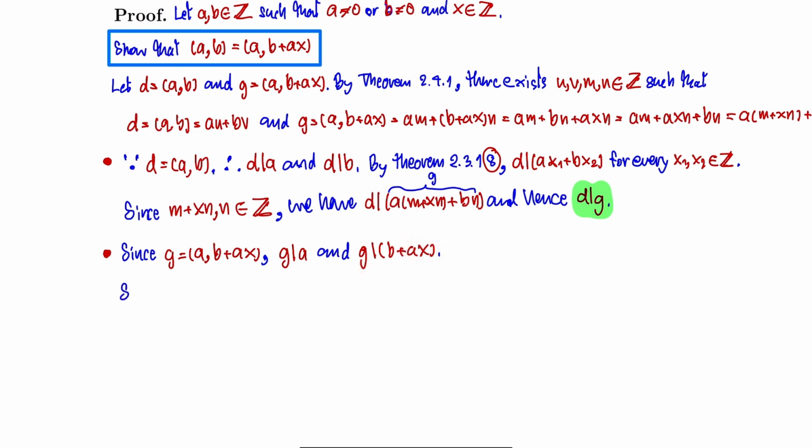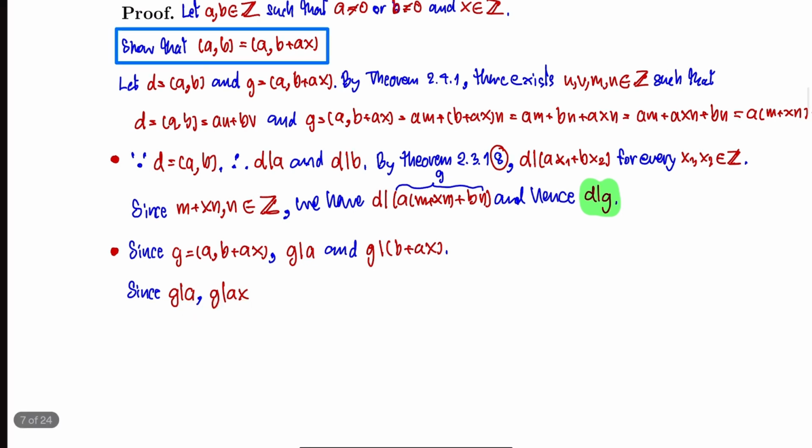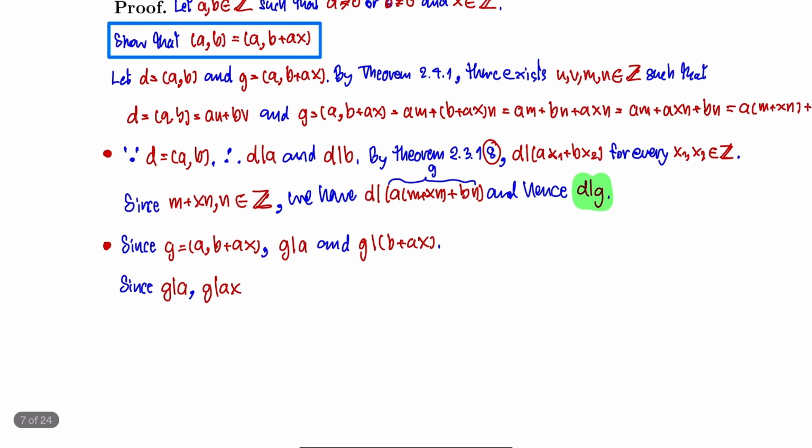Okay, so since G divides a, it's obvious that G divides ax, right? You just multiply a by another number, so G will divide ax. Now, if G divides one of the terms of the sum, G will divide the other term. That means that we have to use another property of divisibility.